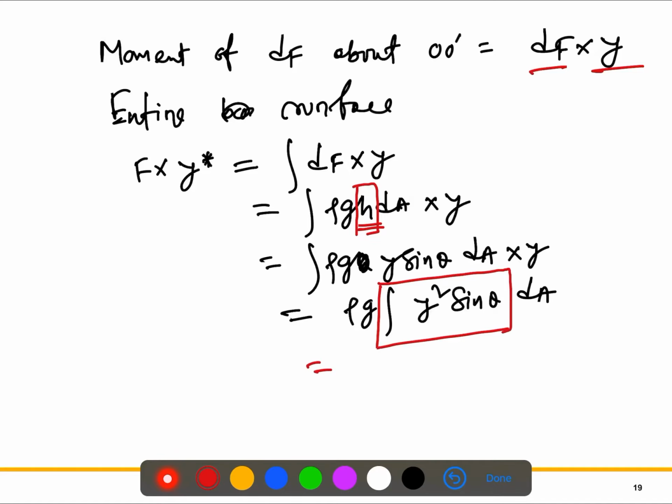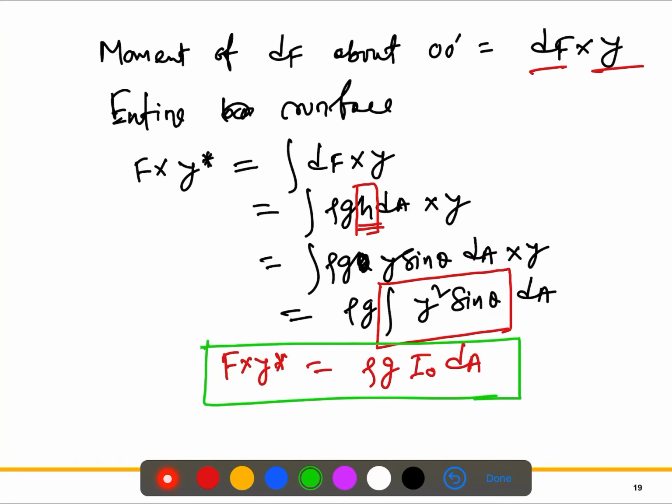So we can say it is rho g I naught. Okay, it is F into y. This is equal to rho g I naught. This is the second moment of inertia about that line O dash.